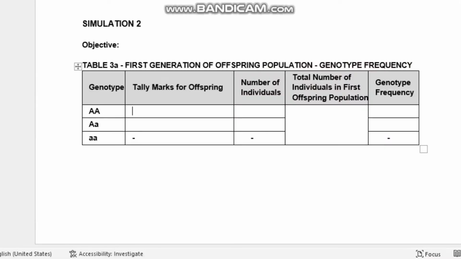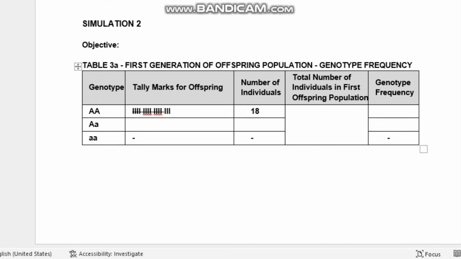So now we will fill the table from our simulation before. For genotype AA we get 18 tally marks. So the number of individuals is 18.